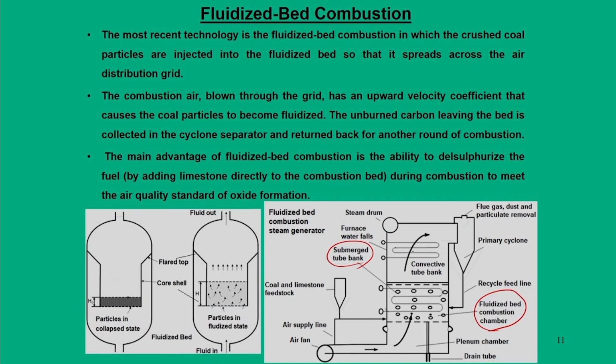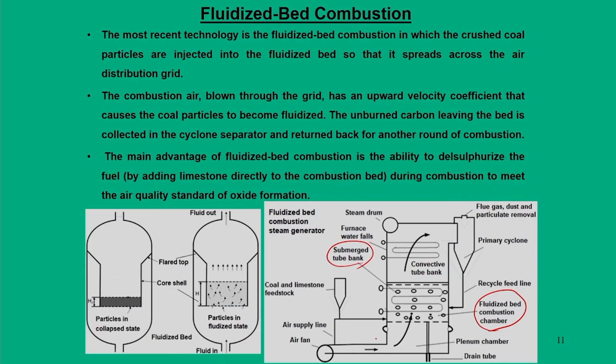Then we have the furnace wall, and there is a convective tube bank, that means another circulation of tubes where the heat transfer from the fuel to the water goes through the convection mode, and they are called convective tube banks.